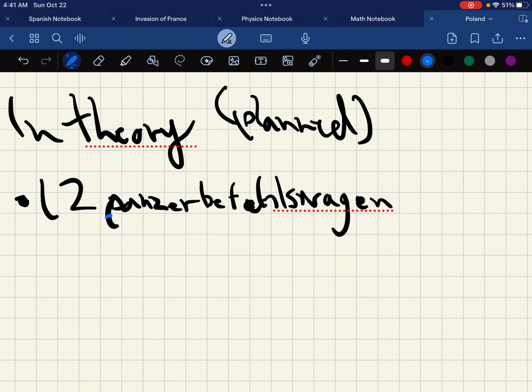I don't actually know the exact spelling of Panzer Befehlswagen. I hope that's right. But that's the command tank that was used.